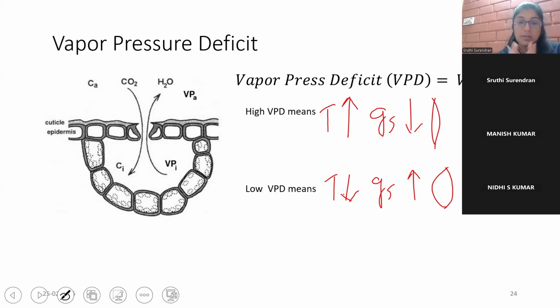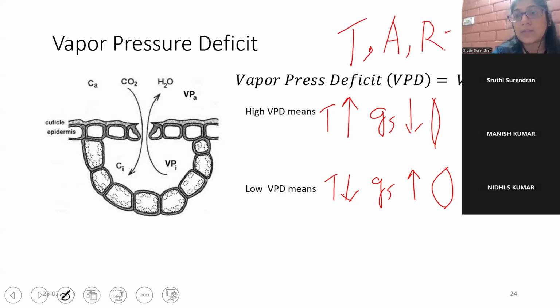So this is what the vapor pressure deficit does to the stomata. In order to control the transpiration process, if the vapor pressure deficit is very high, the stomata will close, and this in turn is going to affect the photosynthetic process. So to establish the relationship with this vapor pressure deficit, there are four quantities in play here. We have transpiration, photosynthesis, relative humidity, as well as the carbon dioxide concentration.